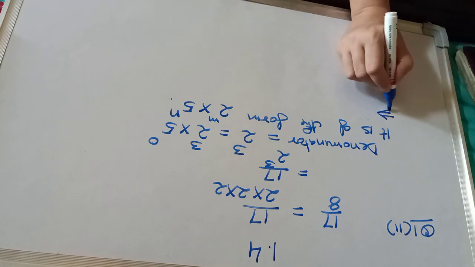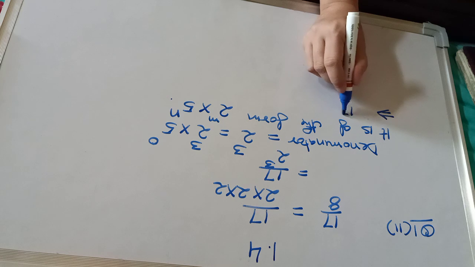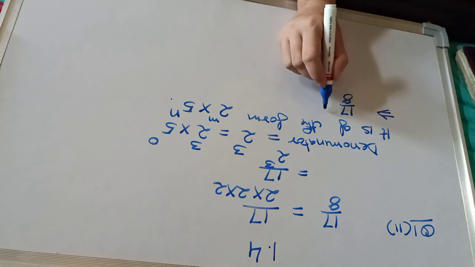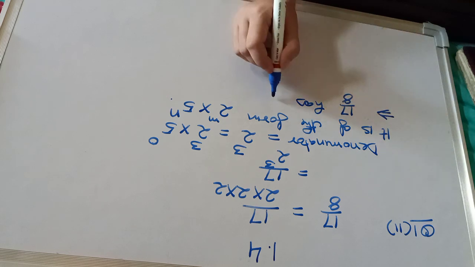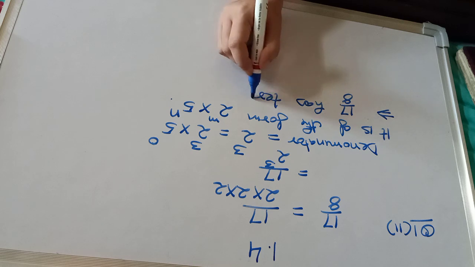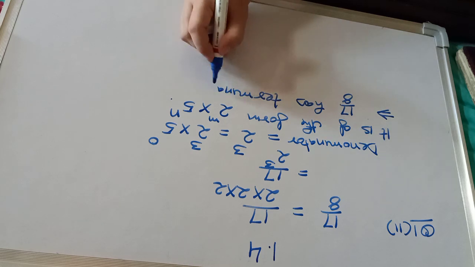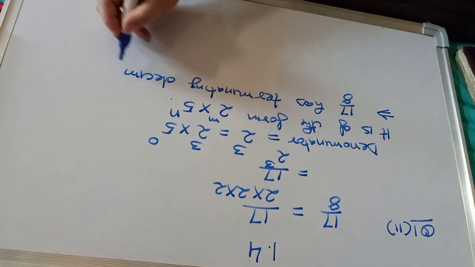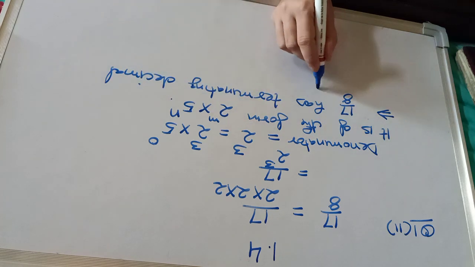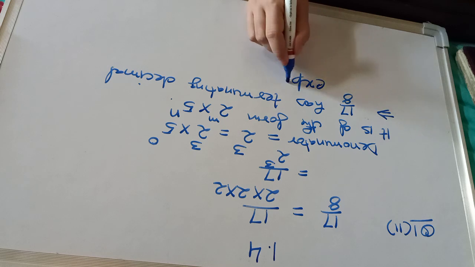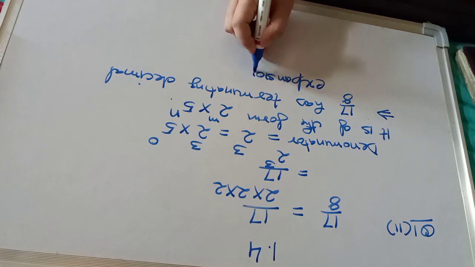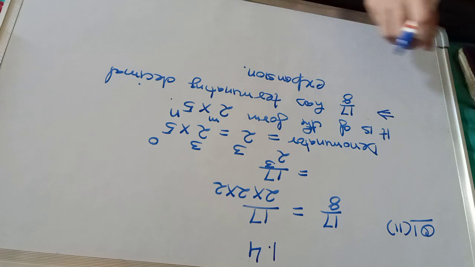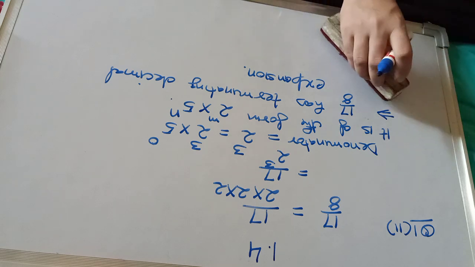It implies 17 by 8 has, yes, it has a terminating decimal expansion. Got it? Then go for the next one.